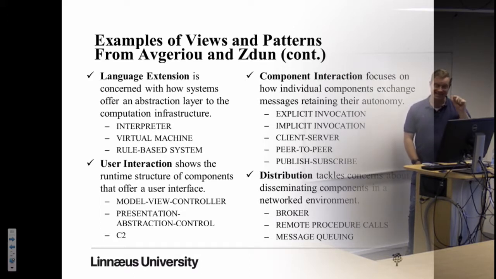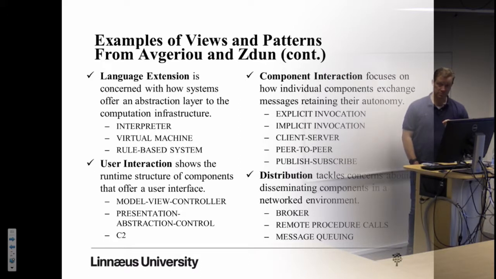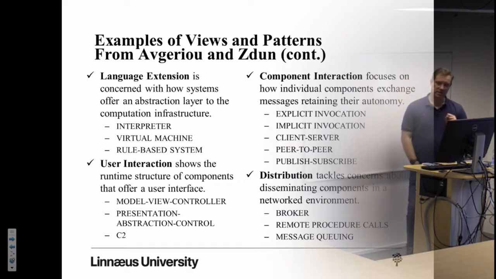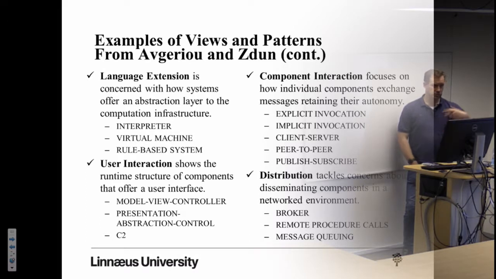Doesn't necessarily say that you need to distribute them on different computing devices. But if you use remote procedure calls or a broker, that means at least that they run in different memory spaces. And they could be useful to describe also decentralized distributed computing systems.